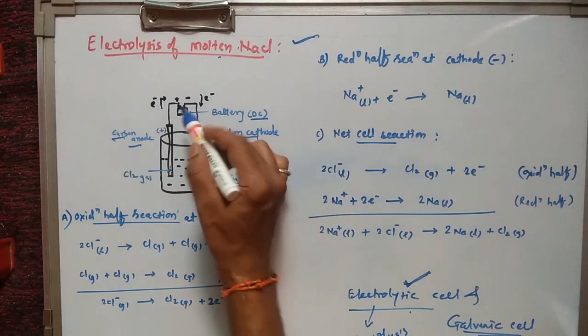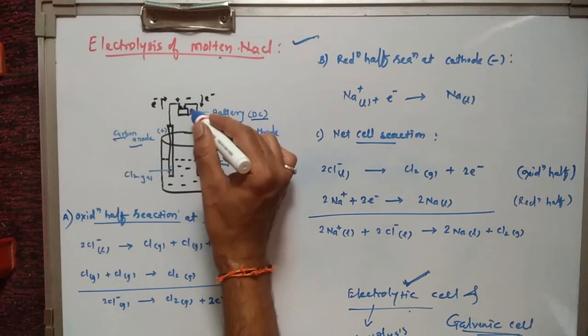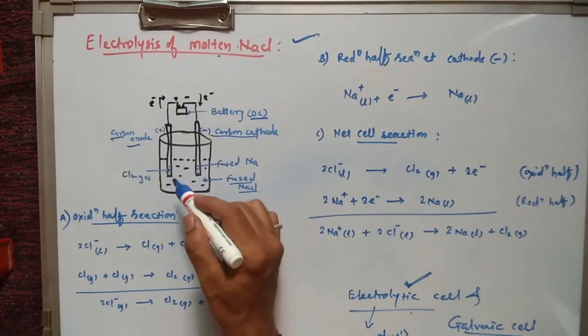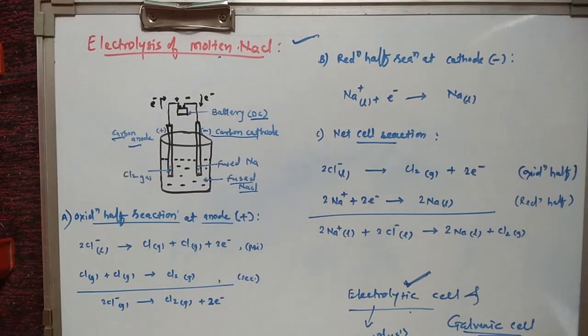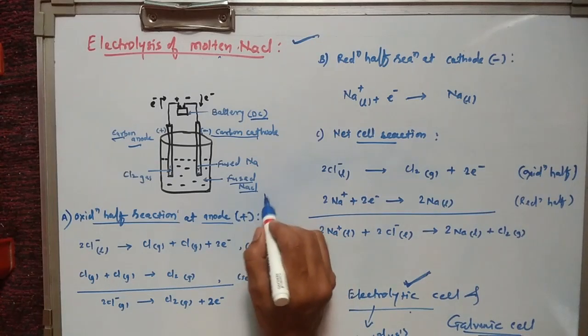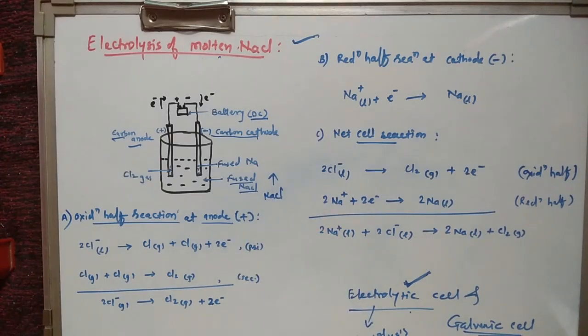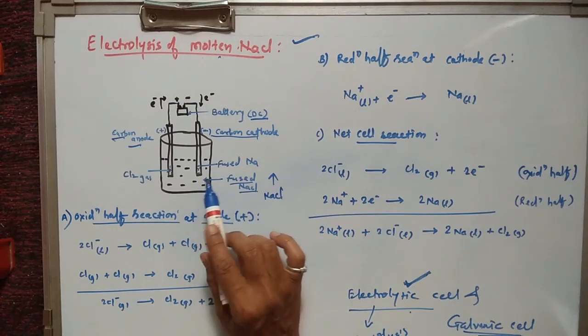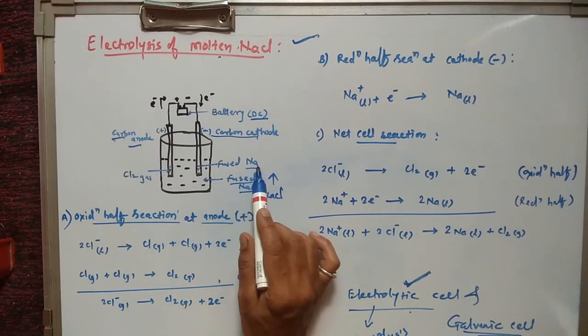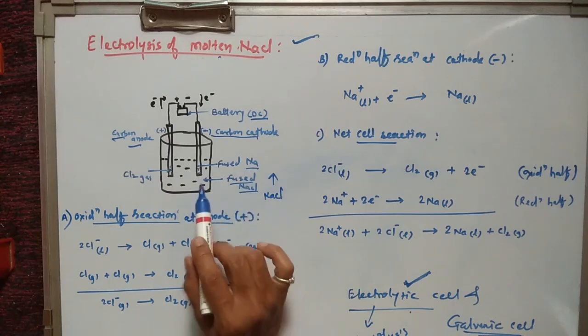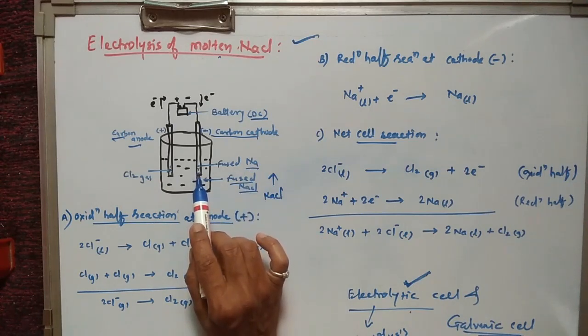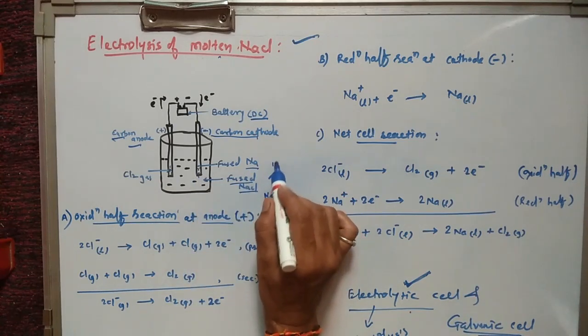Now see, when the connections are made, the process of electrolysis starts. That means the decomposition of NaCl starts into individual products, that is, the formation of sodium, Na, at the cathode.